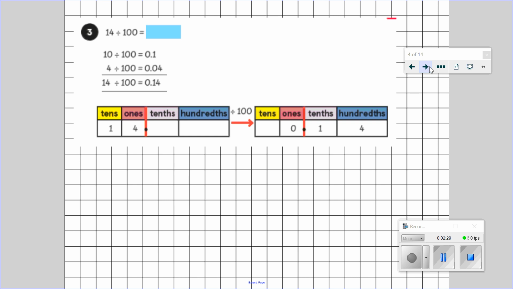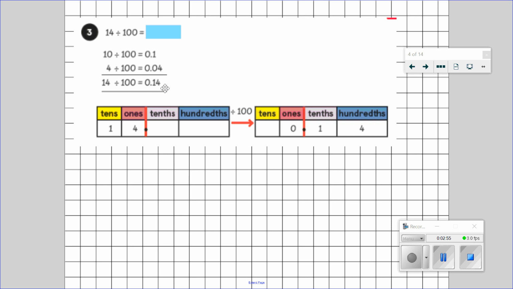Here we can see what they have done as a calculation. 14 divided by 100. 10 divided by 100 is a tenth. 4 divided by 100 is 4 hundredths. Put them together. 14 divided by 100 is 0.14, or 0 and 14 hundredths.